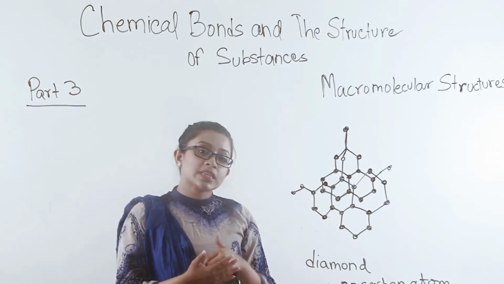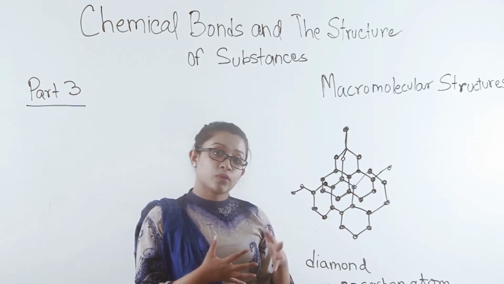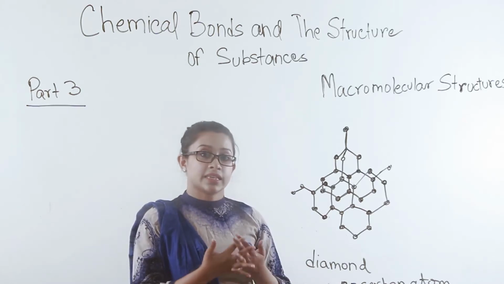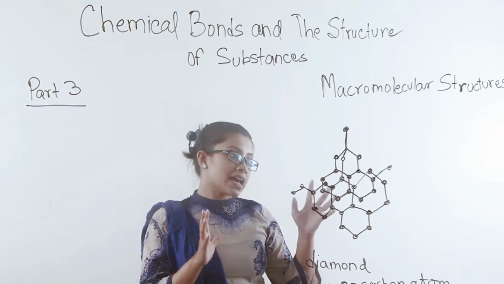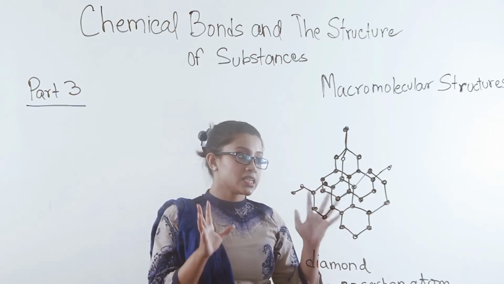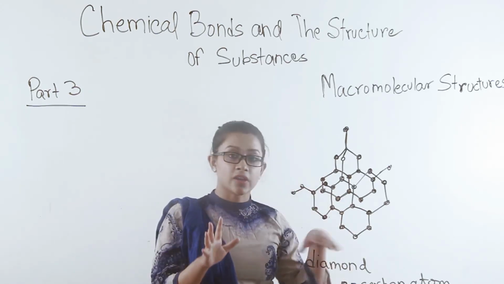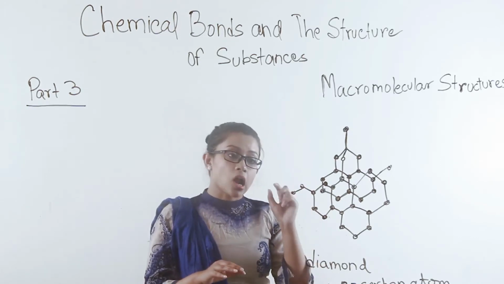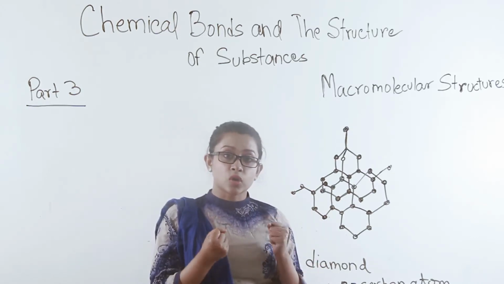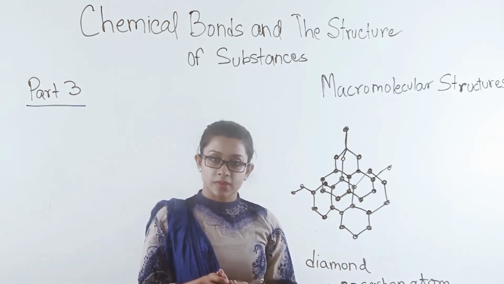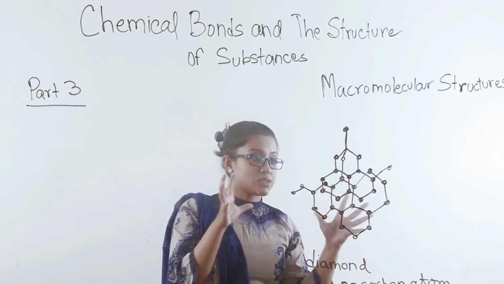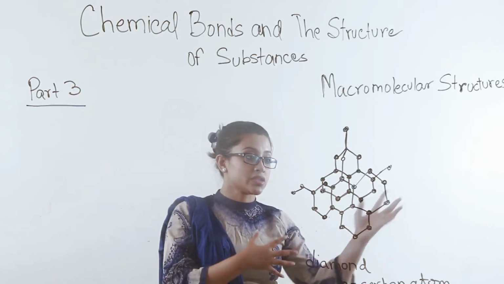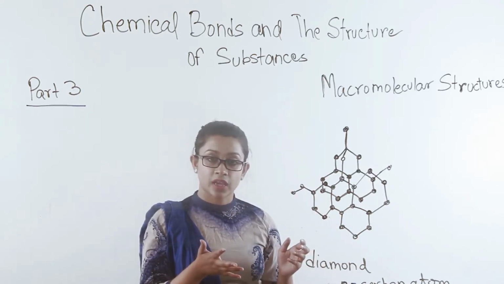An example of a macromolecular substance in this context is diamond. In diamond, what we see is that it has a very complicated structural arrangement. Each carbon atom is strongly bonded with 4 other carbon atoms, and therefore they form this chair-shaped, complicated ring-like structure.